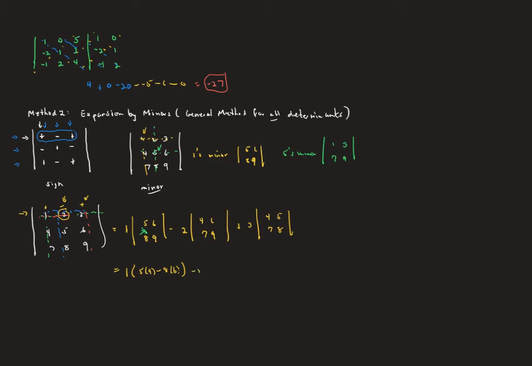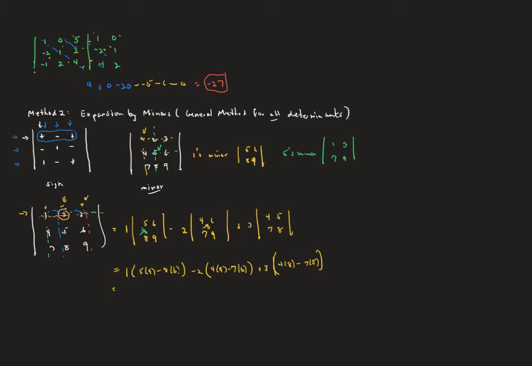And then we go minus 2 times, and again we go down minus up. So that's 4 times 9 minus 7 times 6. And then we get a plus 3 times, and then here we go down 4 times 8 minus up 7 times 5. And there needs to be a parentheses, not an absolute value.